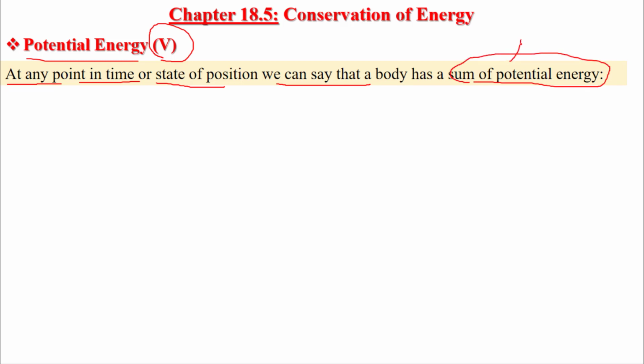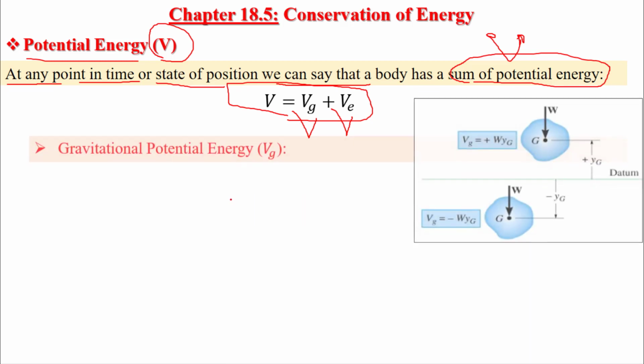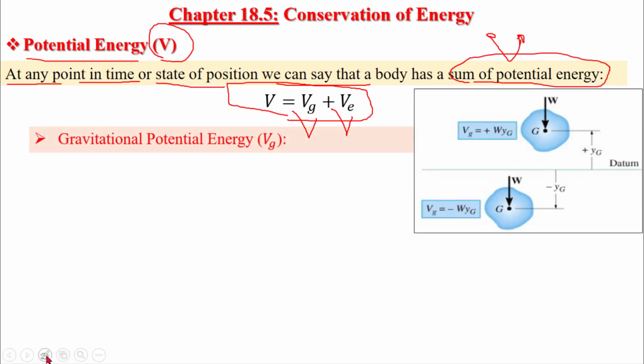Some means that we have types of potential energy. The most famous types are the gravitational and the elastic potential energy. Let us discuss them one by one.